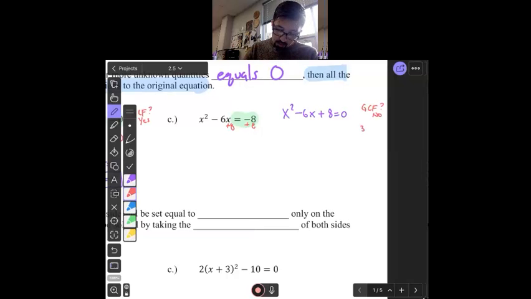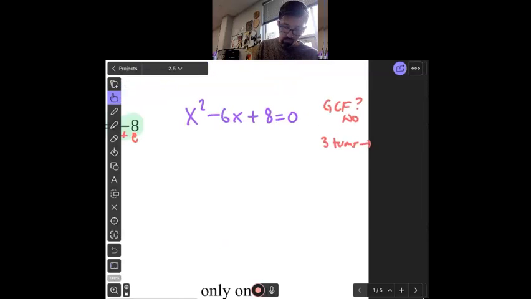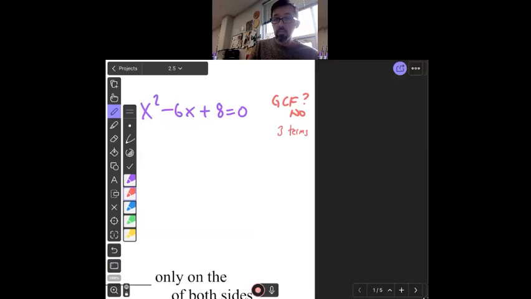But you should then notice that there's three terms. And so if there's three terms, what factoring method should we use for three terms? Right, AC.